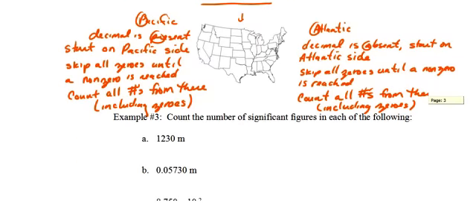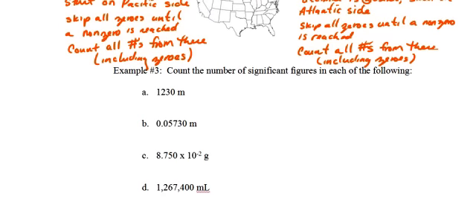So here we go, scrolling down. It says count the number of significant figures in each of the following. In this number, 1,230 meters, the decimal is absent. There's no decimal here, so you start on the Atlantic side and skip over the 0, and now count all the other digits. So you got 1, 2, 3 sig figs.